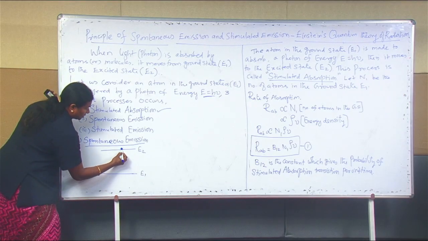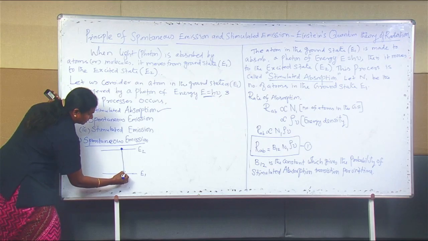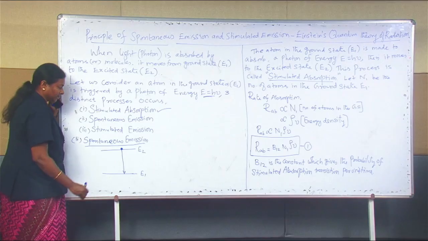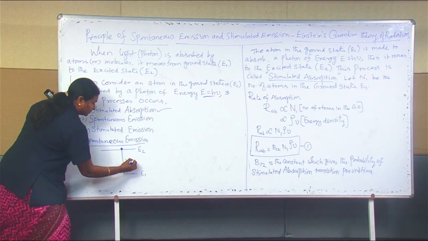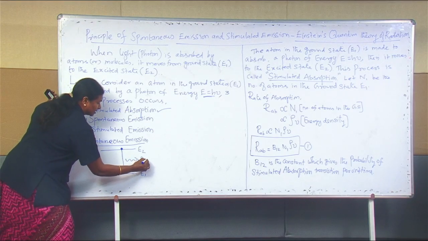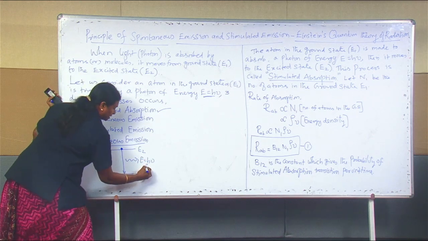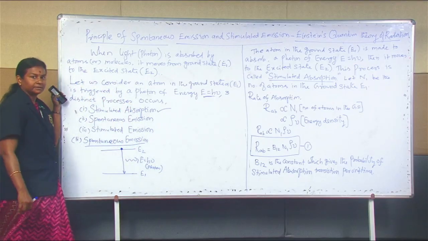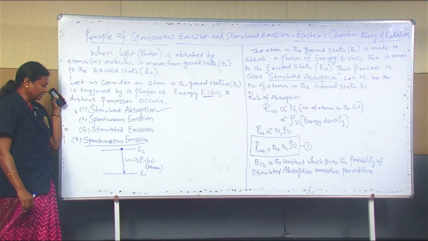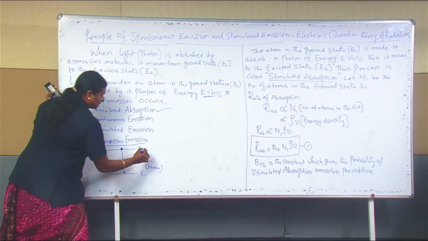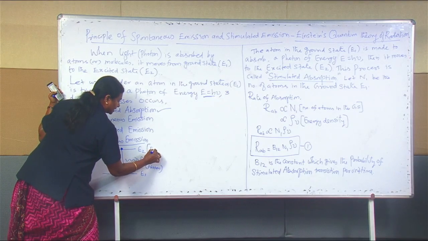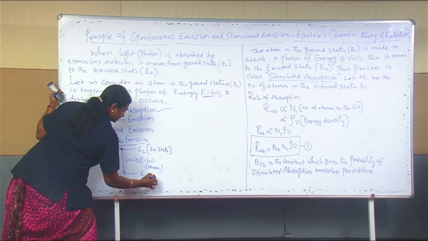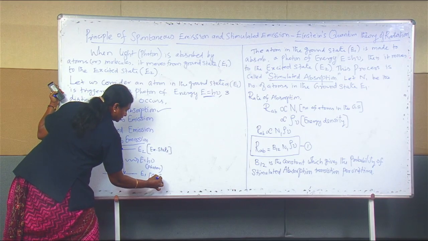So, it will automatically come to the ground state, and it has to emit the energy E is equal to h nu. So, here also you can write that is photon. Okay? Photon of energy is equal to h nu. So, here you can add this as excited state, and here it is nothing but the ground state.